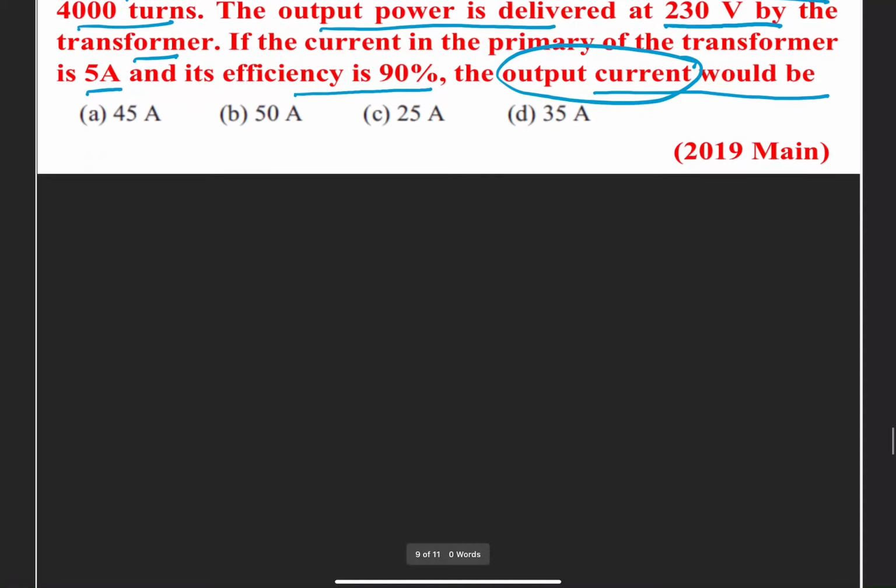So we start with the input power. Let us call that P in, which will be equal to the voltage in the primary multiplied by the current in the primary.